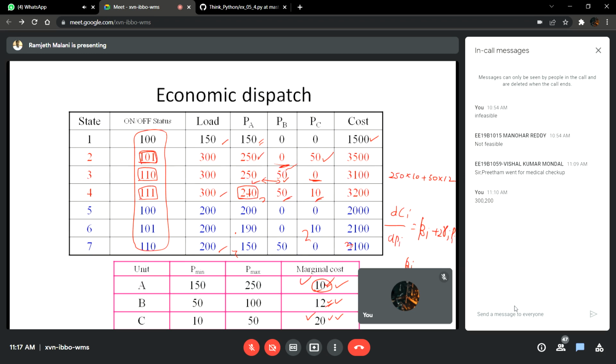The rest is generated by the first generator, 240 megawatt. Now if you calculate the cost, it should be 240 multiplied by 10 plus 50 into 12 plus 10 into 20. So it should turn out to be 3,400.